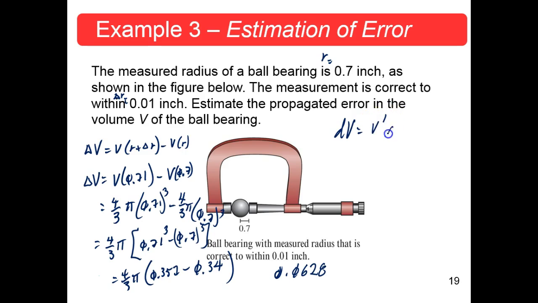V prime dr, right? Got it? So, if your volume is equal to 4/3 pi r cubed, what is your V prime?